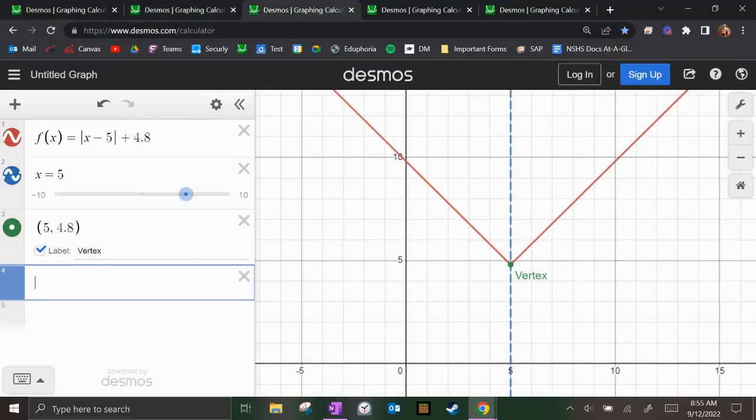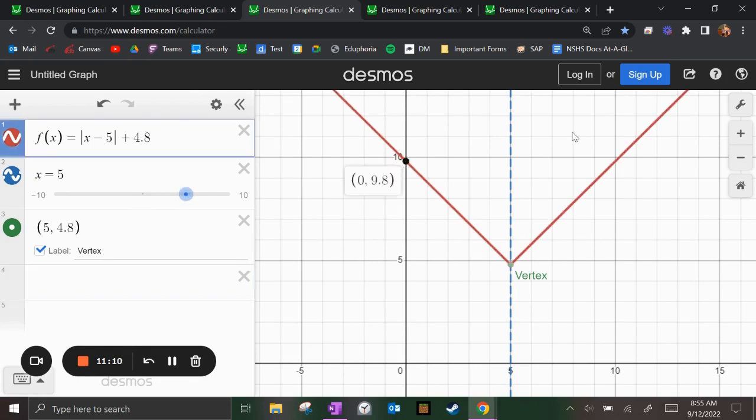So we're looking at the range first. If we're looking between 0 and 10, it looks like it's between the vertex, which is at 4.8, and the intercept, which we have one at (0, 9.8) right here. So that would be my maximum on this interval. For the range, it's going to be between 4.8 and 9.8, because that'll be the same for 10 as well.